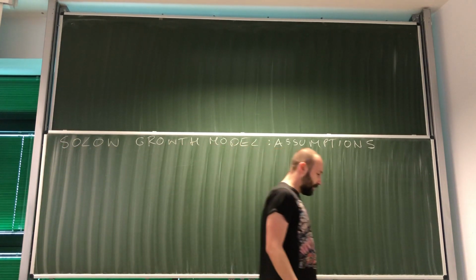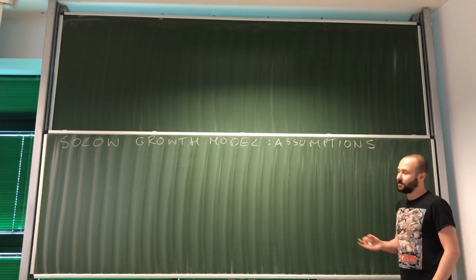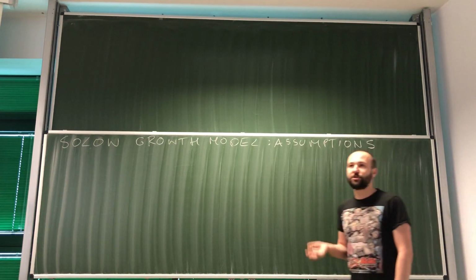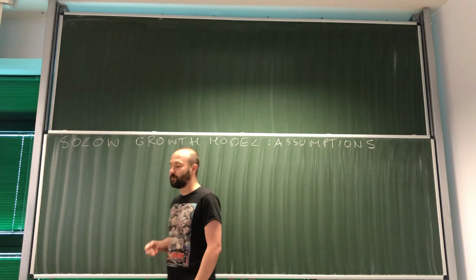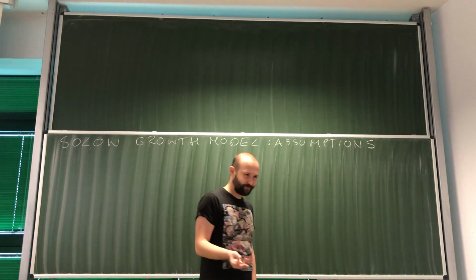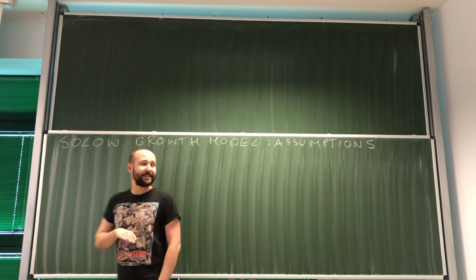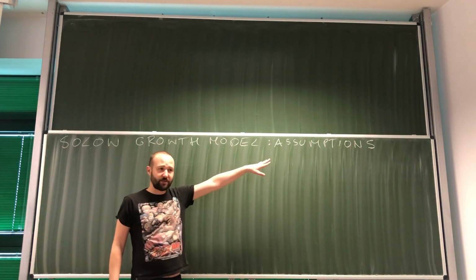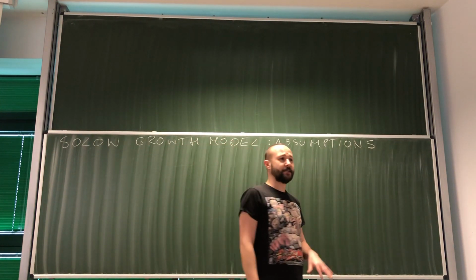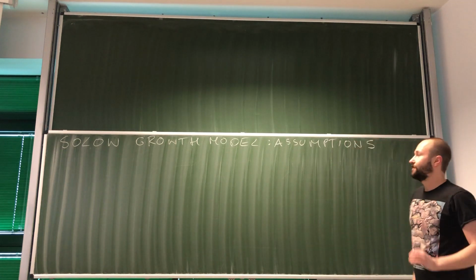And today we're going to start our final topic, where we're going to use all the knowledge that we've accumulated thus far, mainly on differential equations, and it's going to be the Solow Growth Model. We're going to start with the assumptions of the model, which we're going to discuss in very much detail.